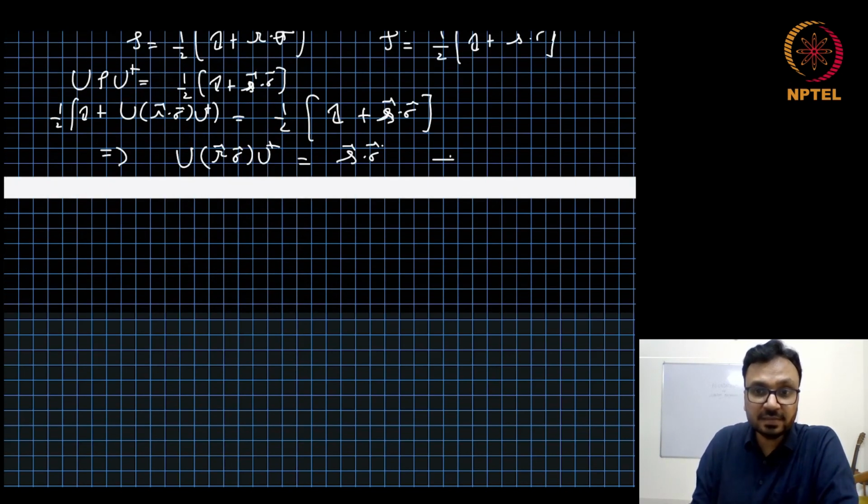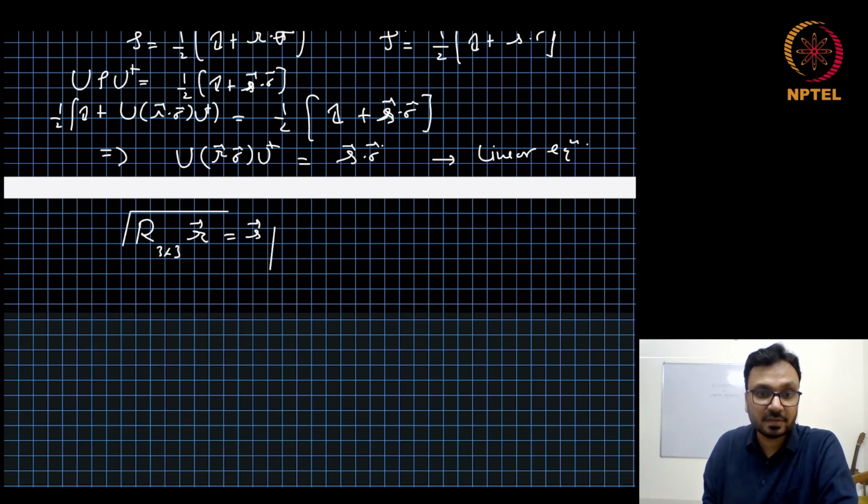Now this is a linear equation. It means we can always find a matrix R, which is a 3x3 matrix, which acts on a three-dimensional real vector and gives us a three-dimensional real vector. This R matrix belongs to special orthogonal 3x3.